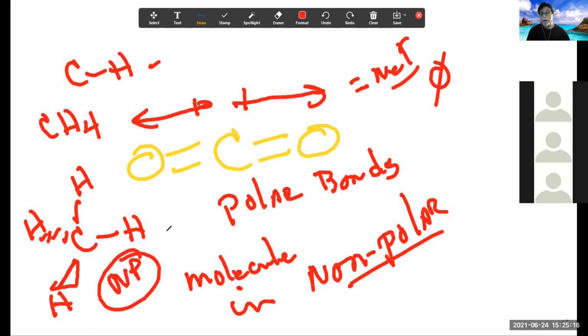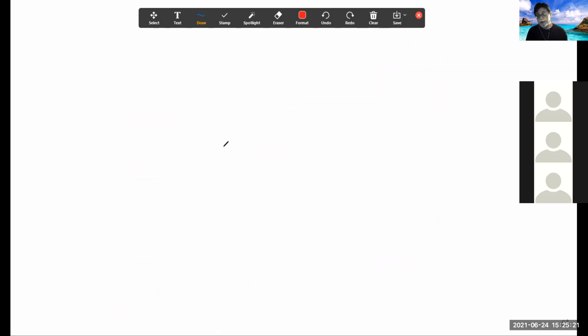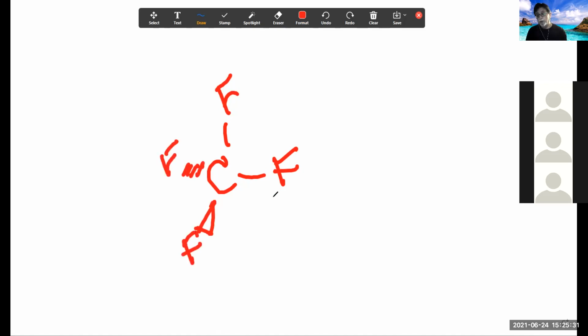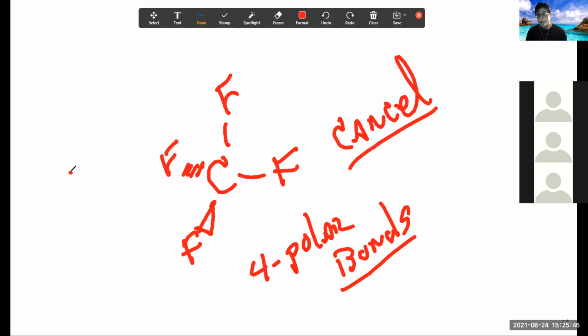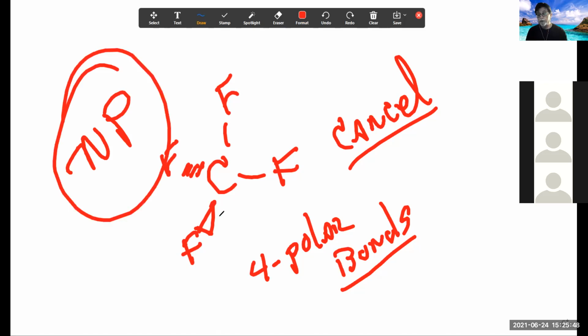Now, if we have a species where we have 4 fluorines, like this, we have polar bonds. We have 4 polar bonds. However, these 4 polar bonds cancel out, so we end up with a non-polar molecule.